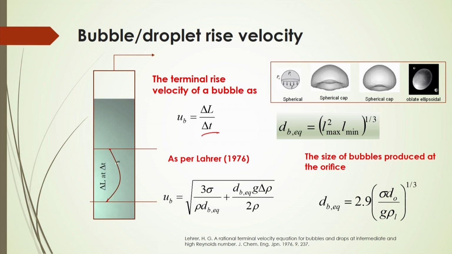You have to allow the carbon dioxide gas bubbles a longer time in the column, so that your mass transfer will be more. If the bubble size is higher, what will happen, immediately it will go up and collapse at the surface.